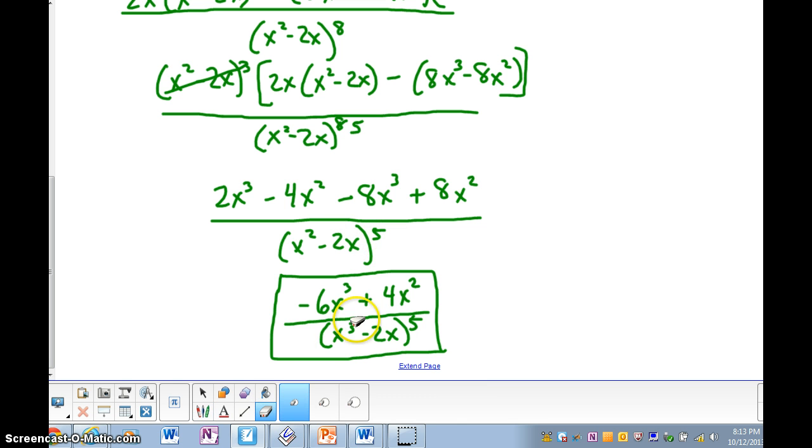Okay, so our last step is to combine like terms, and just fixing a little typo there. So combine like terms, we'd have our 2x cubed minus an 8x cubed would be a minus 6x cubed. And another like term in our numerator is negative 4x squared and positive 8x squared, and that would be a positive 4x squared. So all of that is going to be divided by our x squared minus 2x to the fifth power. Okay, that's it for our last sample problem.